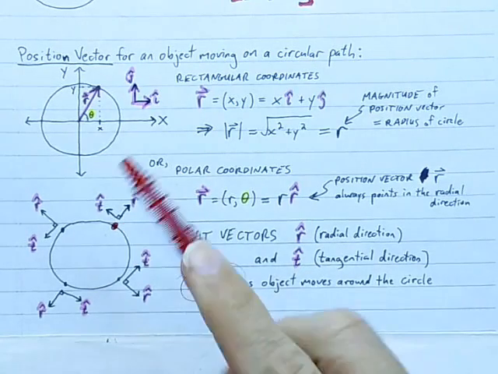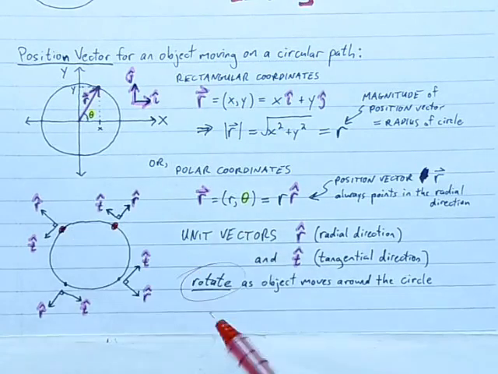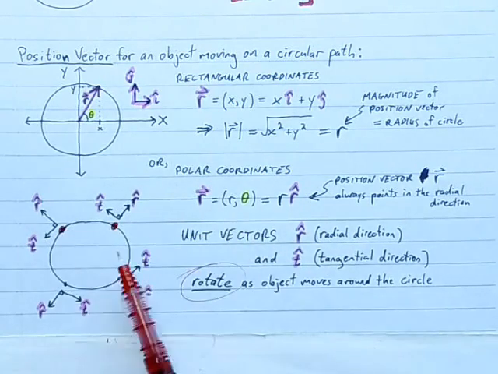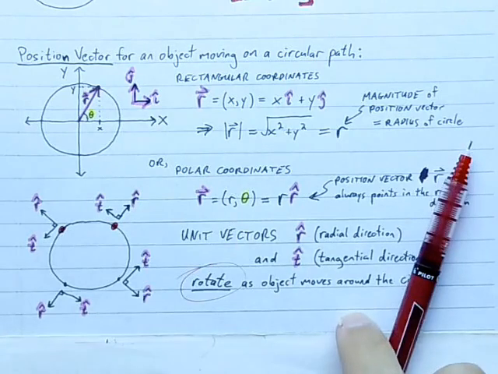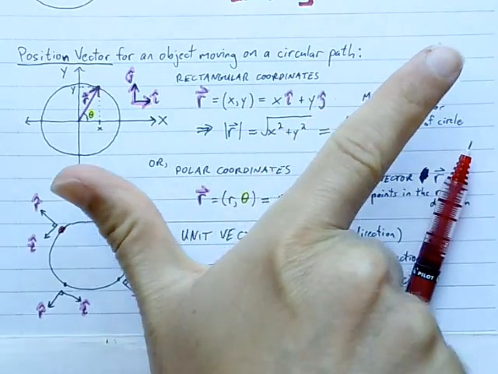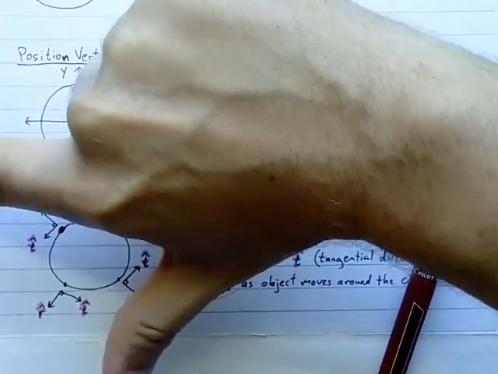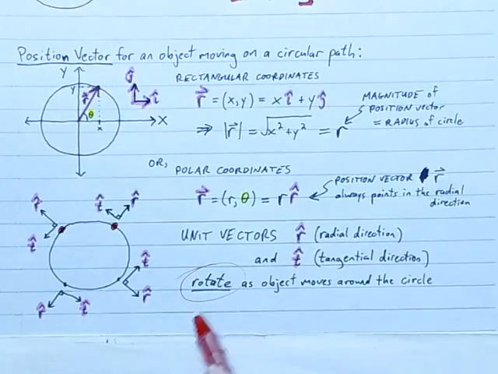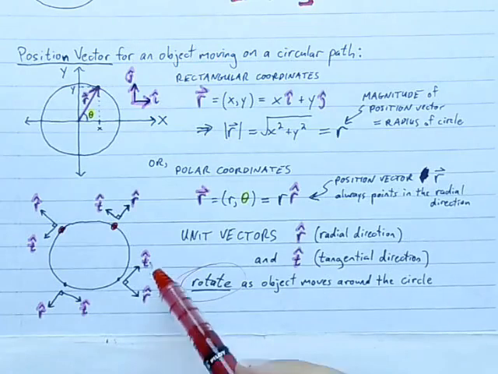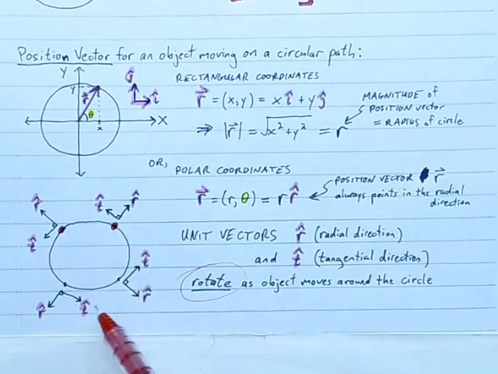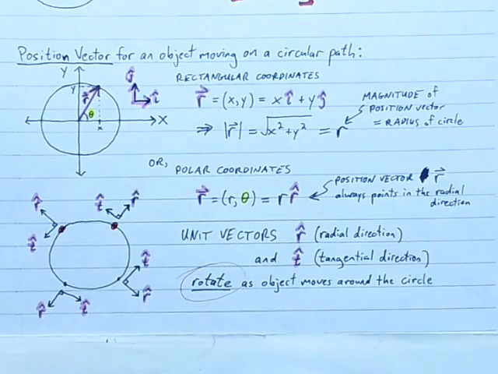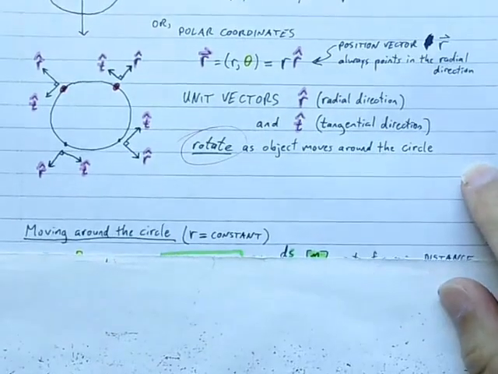But when you're over here, the radial direction has changed and the tangential direction has changed. So our r hat and t hat axes rotate with you as you travel around the circle. So they are time dependent if your position is time dependent. Okay, so we'll have use for those.